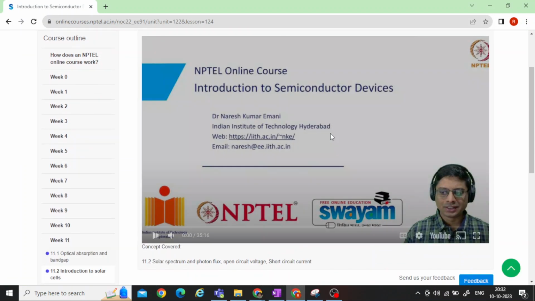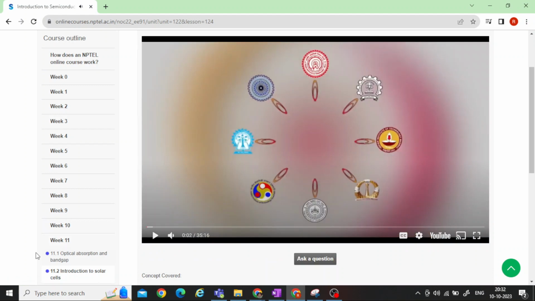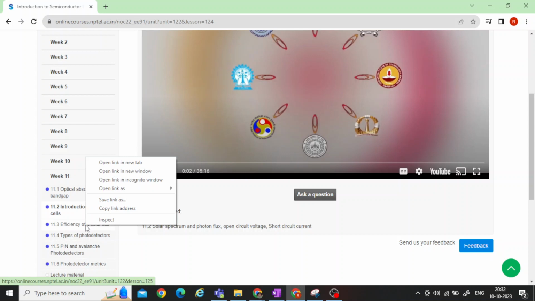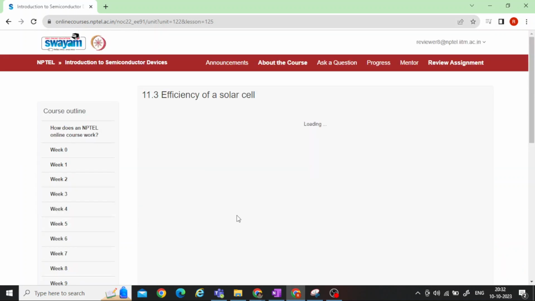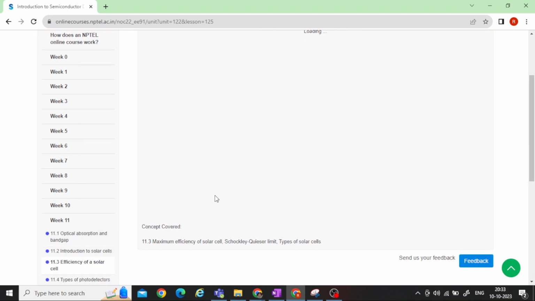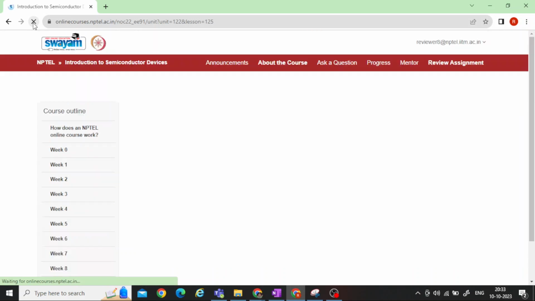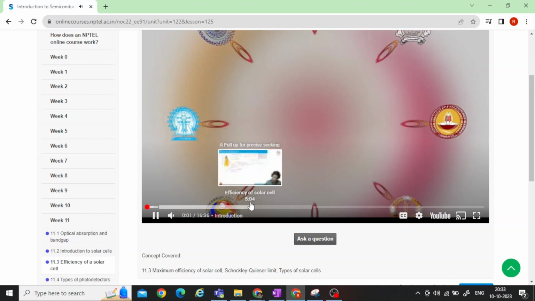Do you have an approximate idea where it was? There will be a slide named efficiency of a solar cell, slide number 13.